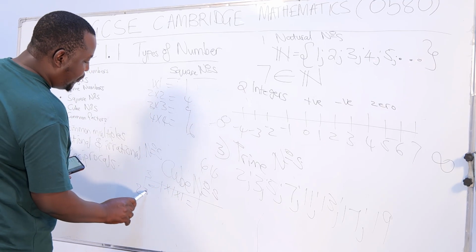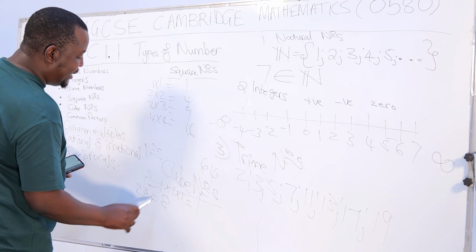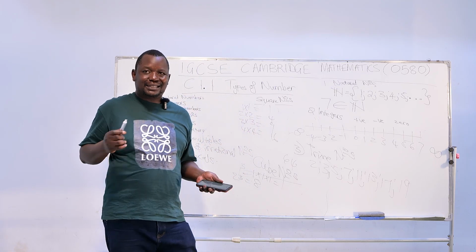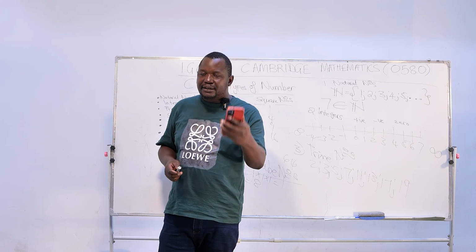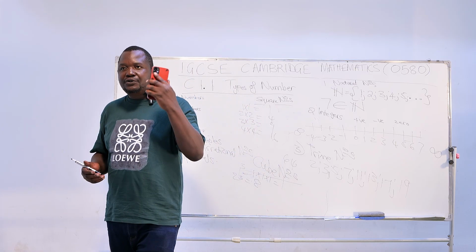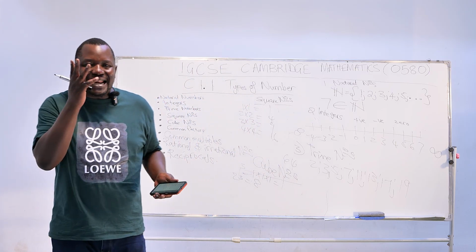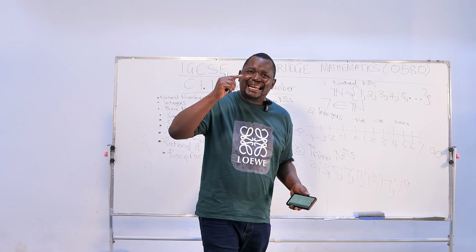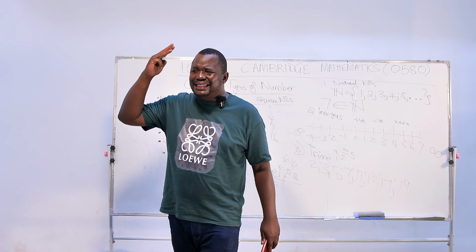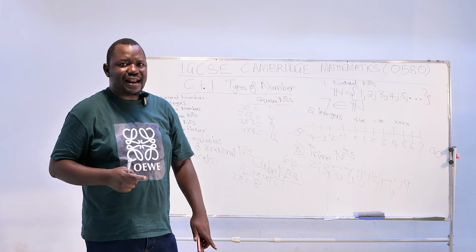Then 2 cubed, 2 times 2 times 2, gives you 8. 3 cubed, 3 times 3 times 3, gives you 27. 4 cubed gives you 64. 5 cubed gives you 125. These numbers obtained by multiplying a number by itself 3 times are called cube numbers.